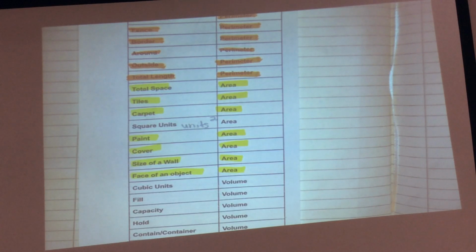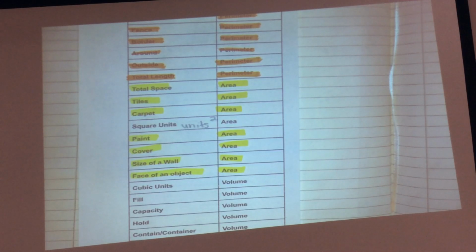Give me an example of the units we've been converting. Inches, feet, yards, miles, meters.